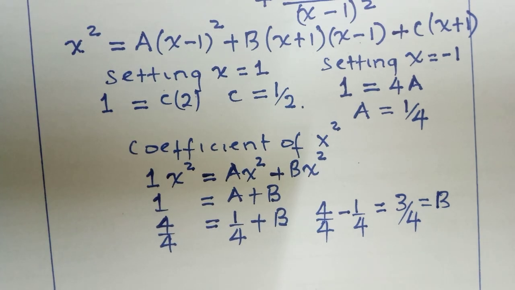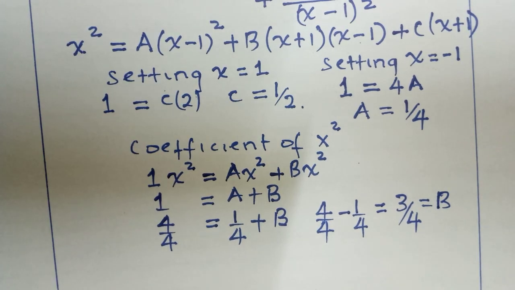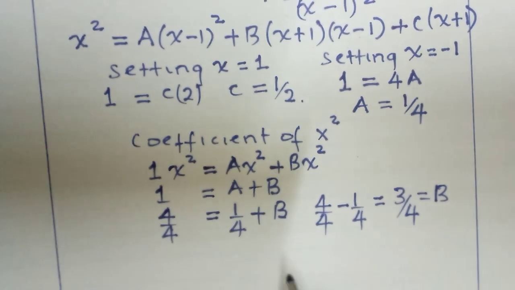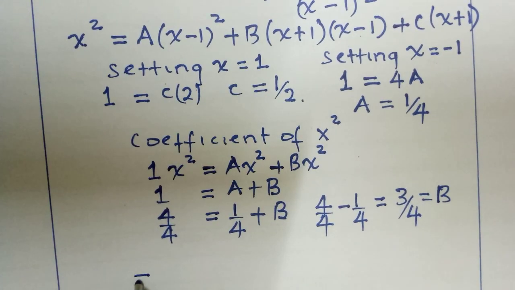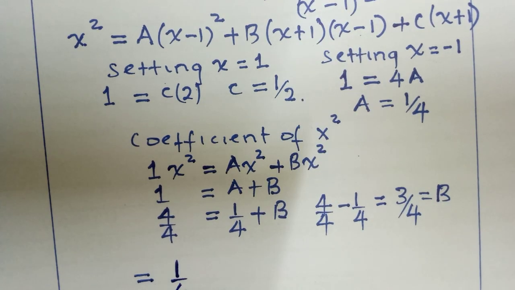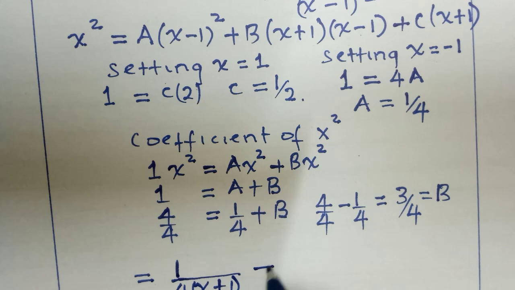So from there, guys, we just come and fix in our equation. And this is how we fix it. We come to the equation we had there. We have a is 1/4, so we put 1/4 there, like that. Then x plus 1, like that. Then we have b, which is 3/4.